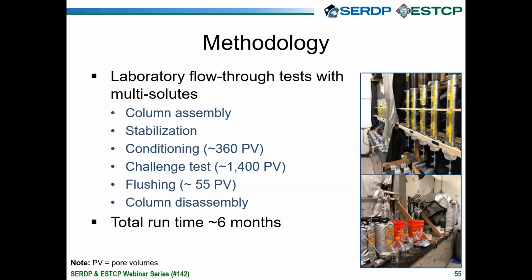So the idea here was to run the stormwater flow through the columns for a period of time, like over 360 pore volumes, and then do a challenge test with about 1,400 pore volumes, and then do a final flushing experiment. So the challenge test would be the one where you add these trace chemicals. The total run for one of these experiments is about 6 months. This is the experimental apparatus shown here that's set up at Stanford.